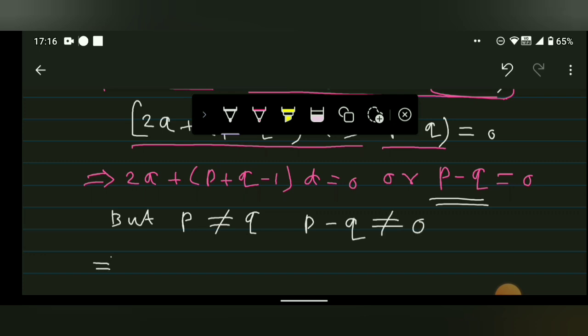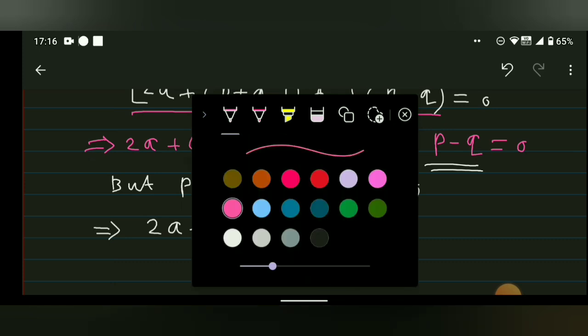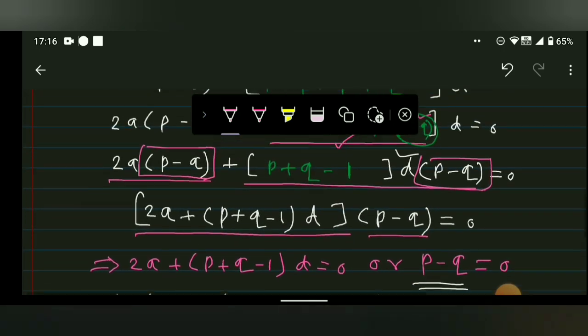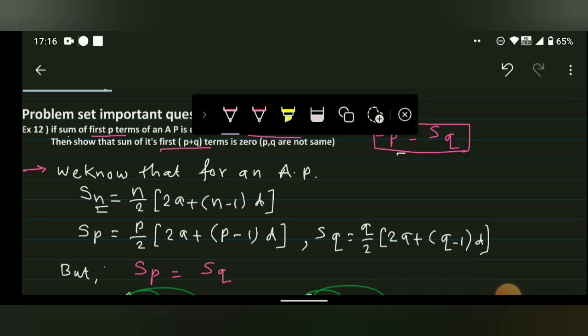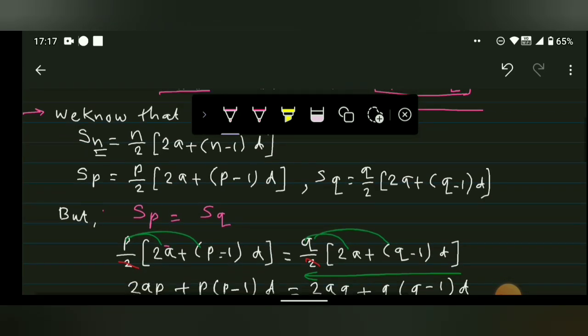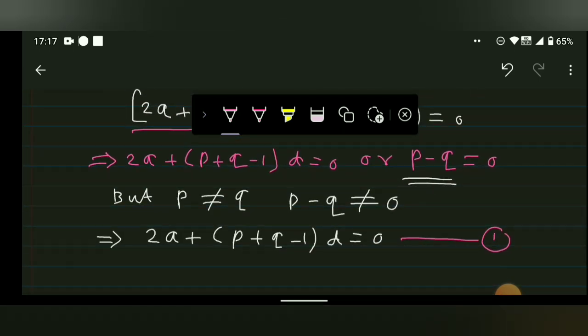So this implies the other possibility, that is, 2a plus (p plus q minus 1) into d must be equal to 0. We will call this equation number 1. That is, from the given information we have come to the point that SP is exactly equal to SQ. By using this condition and by simple calculation, we come to equation number 1.